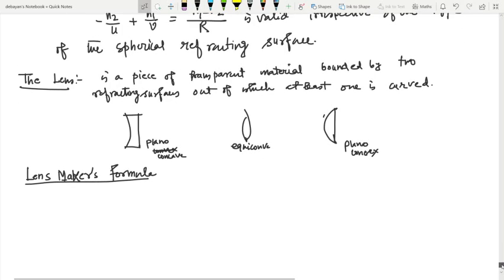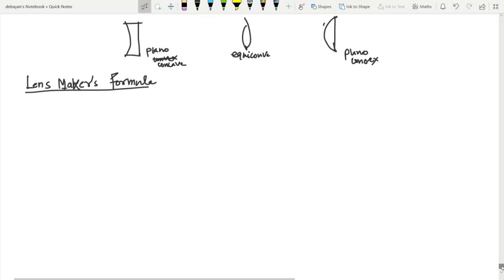We should assume something to derive the lens maker formula. The assumptions are that the lens is thin and all distances are measured from the optical center. The aperture of the lens is small.